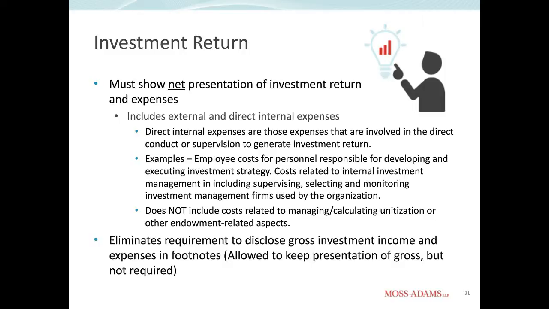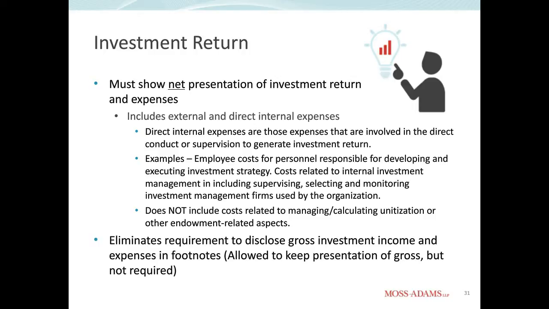So organizations are now required to show net presentation of investment return and investment expenses. So the external expenses should be netted. For example, that would be the cost of an external investment advisor. Direct internal expenses should also be netted. Direct internal expenses are expenses that are specifically related to generating investment returns.